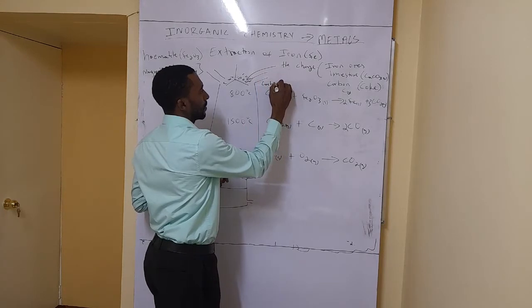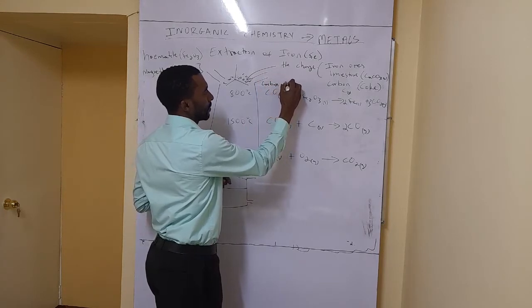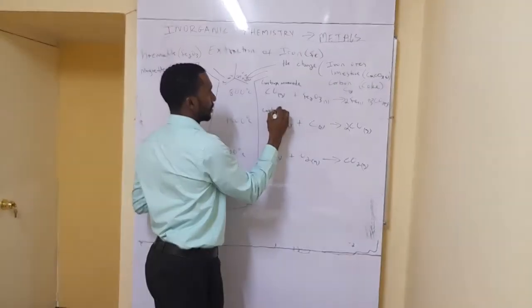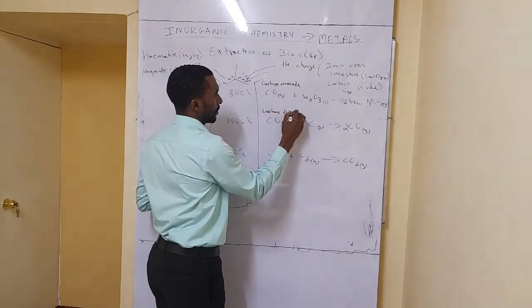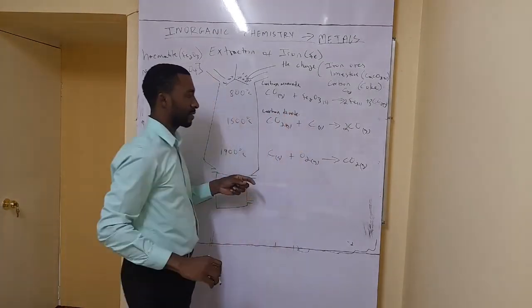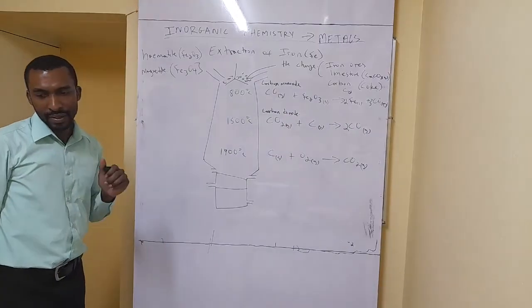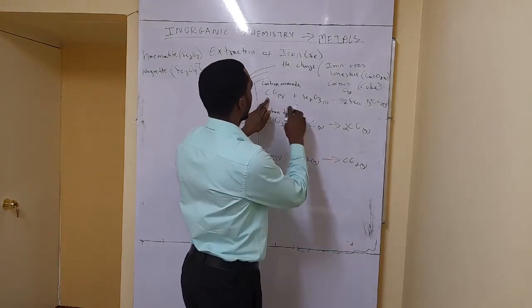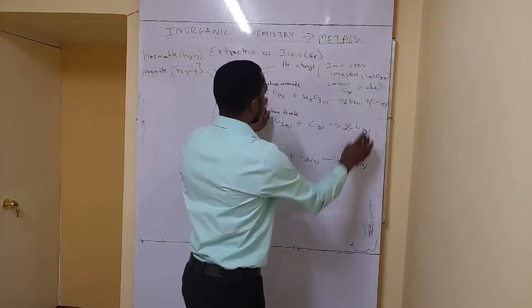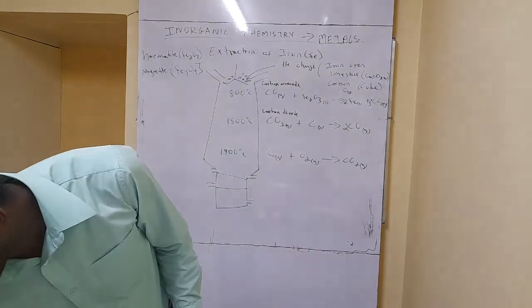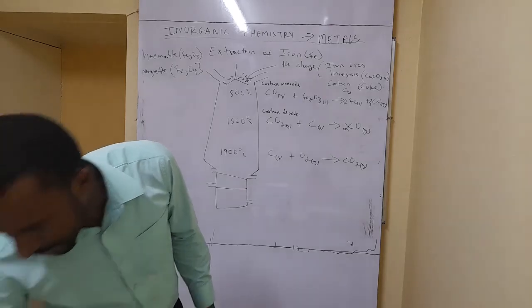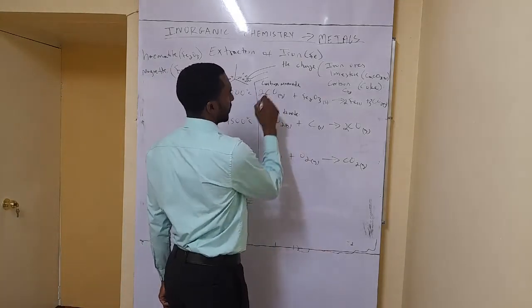We put that 3 in front of the carbon monoxide here, and this is carbon dioxide, right? Two they put there, you put 2 here and balance.